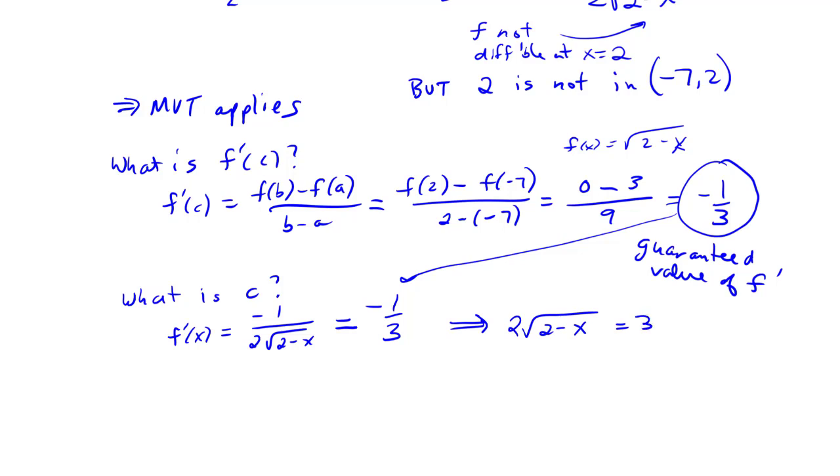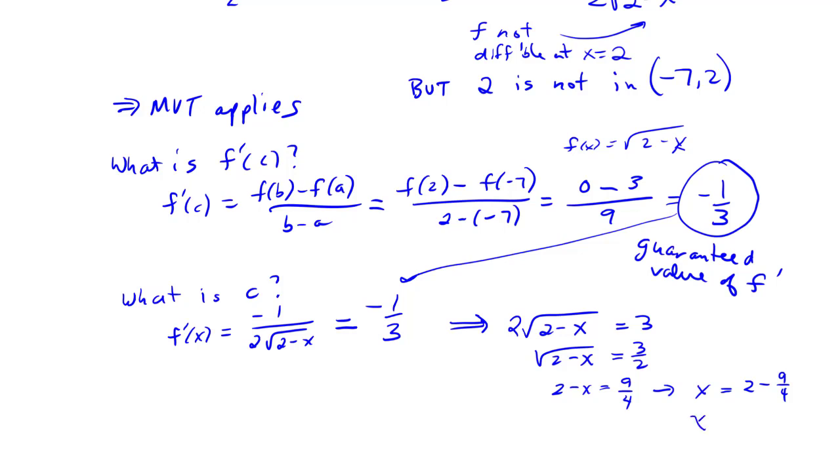That means the square root of 2 minus x would have to be 3 over 2. Then I'll square both sides. 2 minus x equals 9 over 4. That would mean that x is, think about moving x to the right and the 9/4 to the left, you would get 2 minus 9/4.